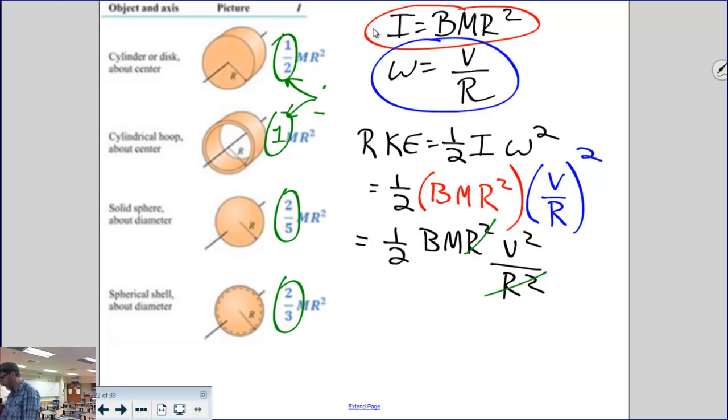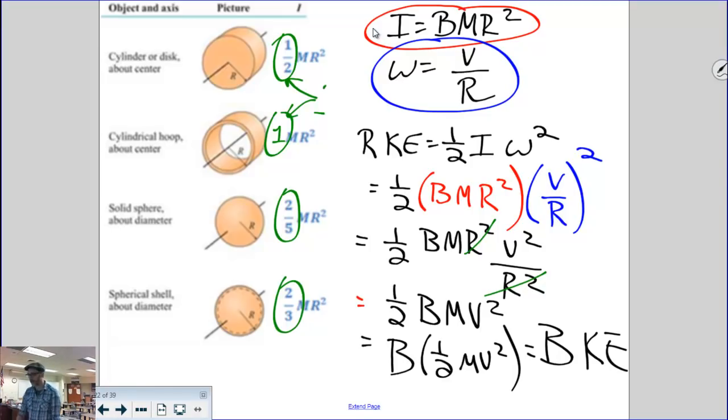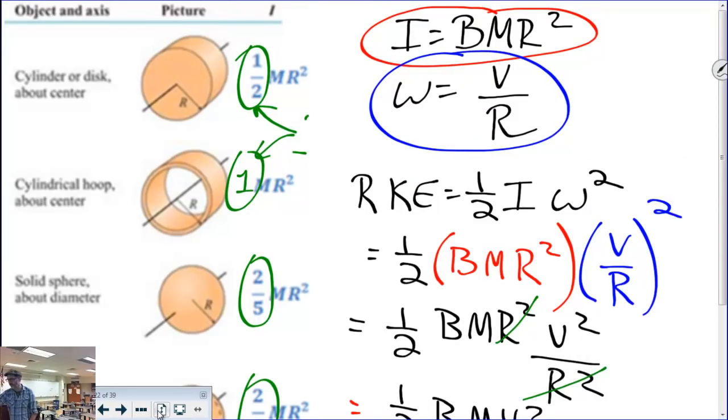Now I've got this, 1/2 b times mv squared. Well, that's b times 1/2 mv squared, right? Well, that's b times whatever the kinetic energy is. That seems like a useful thing to know.